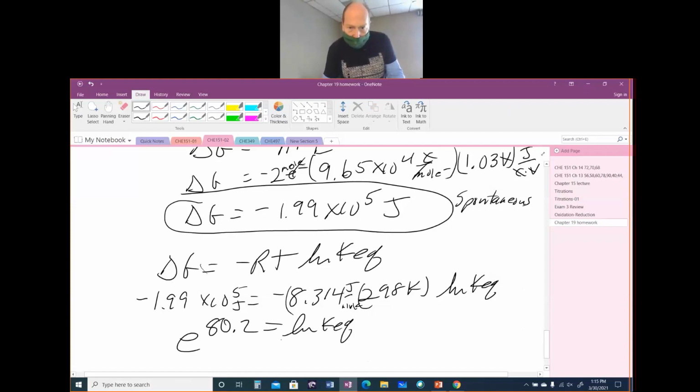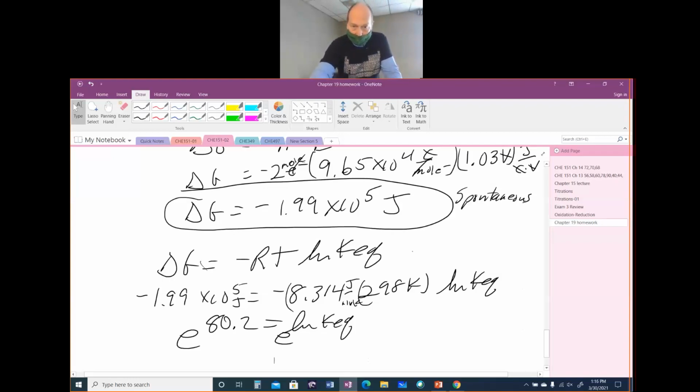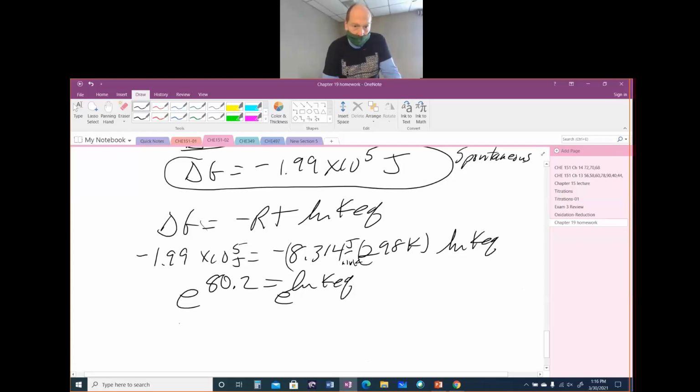And then I take my e to the x. And I get a spontaneous reaction is going to have a very large K value. And it is. KEQ is equal to 7.01 times 10 to the 34th.